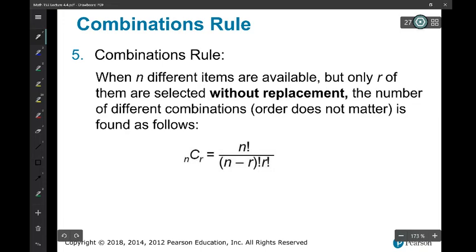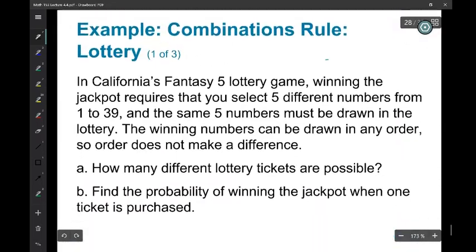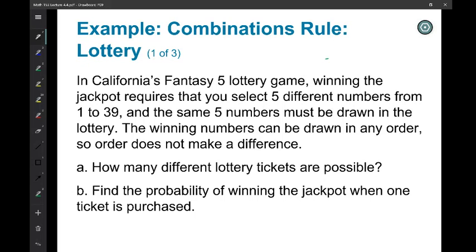All right, the combinations rule. Here's our formula. We often say n choose r. So given n things, how many ways can you choose r of them? And the order does not matter. So now we'll see an example of combinations rule.